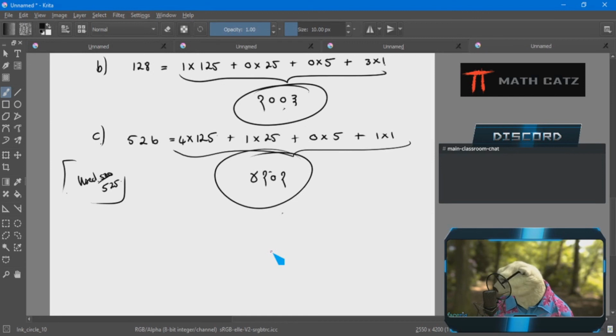Isn't this fun? I think so, but we can agree to disagree. So we're just getting used to this: it's the same number system, different versions of it, but it's the same number system counting in 5s. It's a base 5 system.